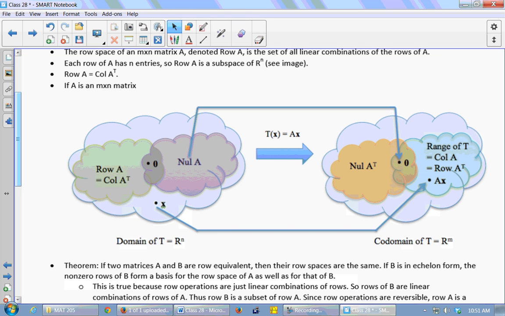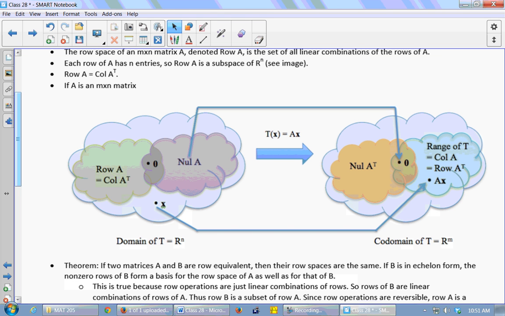And the range of T is also known as the column space of A. The set of all linear combinations of the matrix's columns is what you get when you multiply A times some vector x, as you're taking a linear combination of the columns of A. And then the null space of A transpose lives in Rm.